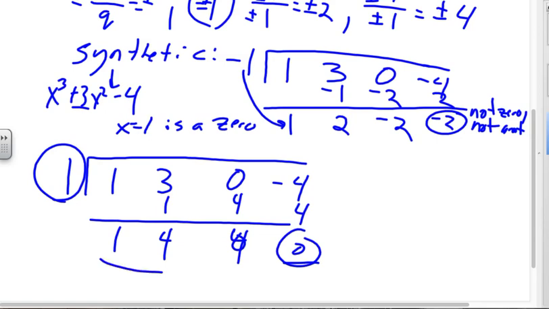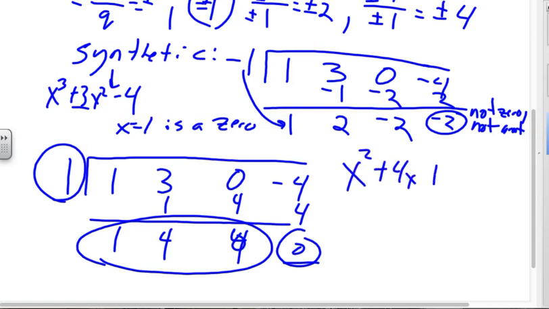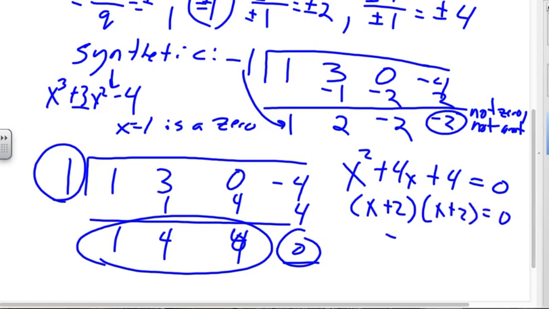Not only that, but we've got our quadratic down here. Our new quadratic now is x squared plus 4x plus 4. To find zeros, we set that equal to 0. Well, this thing factors. It's x plus 2 times x plus 2.